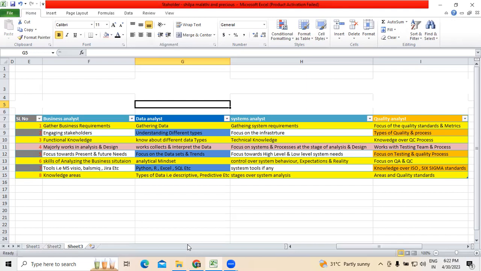So more or less, I can say this quality analyst is something nearer to the testing part, because here I must tell you the difference, from my experience over a very long time. Most people feel that testing and quality are the same, but there is a line of difference between testing and quality.